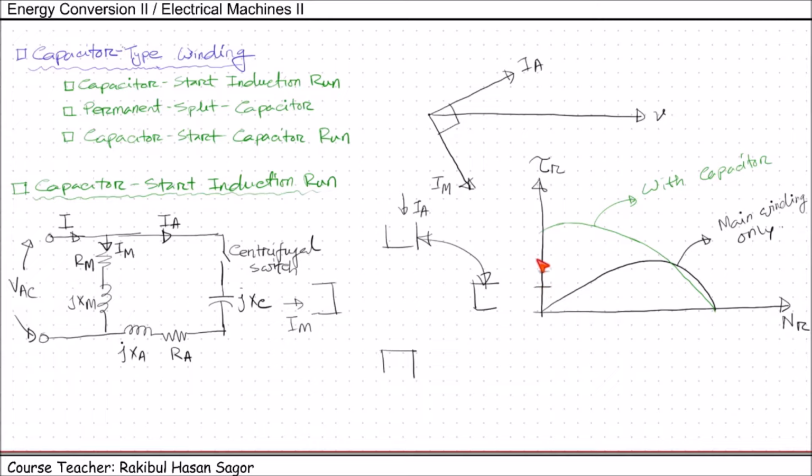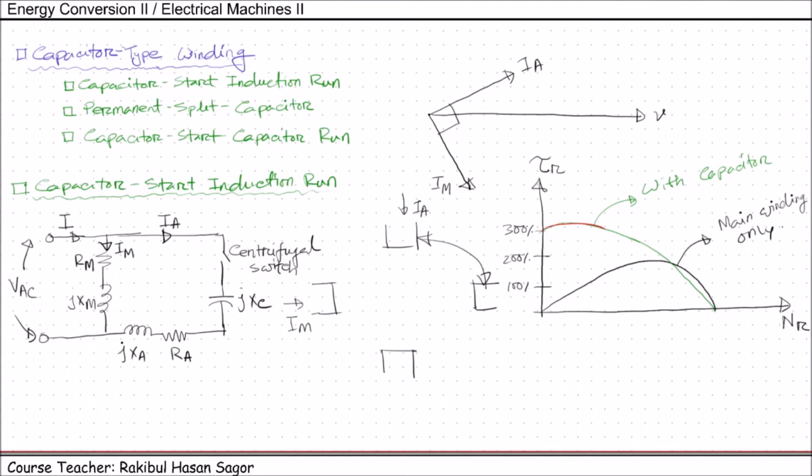This is 100% of the full load. This is 200%. This is almost 300% of the full load condition. So we are getting 300% of starting torque than its rated value. So when we switch on the motor, initially the centrifugal switch is connected, so it will have this amount of starting torque.